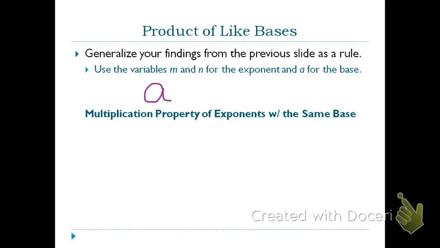When you have any number to one exponent times the same number to, it could be the same exponent or a different exponent, it's always equal to that same number to the power of the two exponents added together. So that's our generalization. This is the multiplication property of exponents with the same bases.